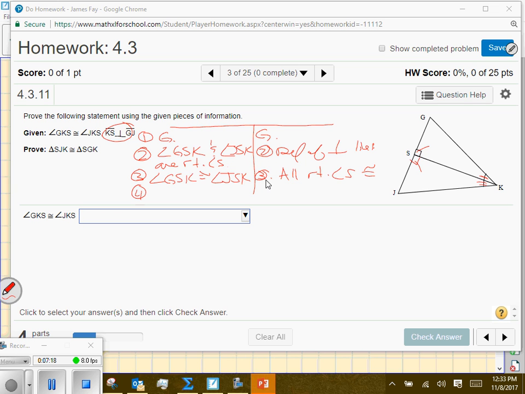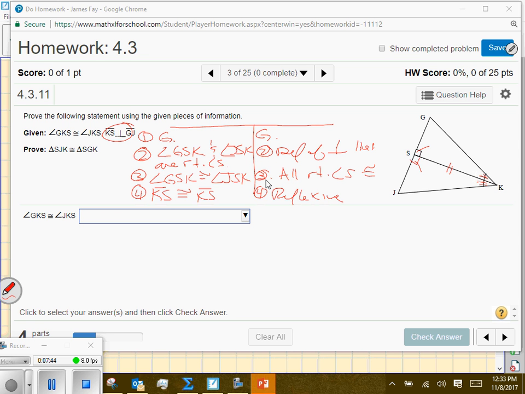We were provided those 2 angles were congruent. What is the 4th step, which would be the 3rd congruency that we need here? Look at your picture. You know those 2 triangles are going to share what segment? KS. So let's say KS or SK is congruent to itself. So what is that property? Reflexive.